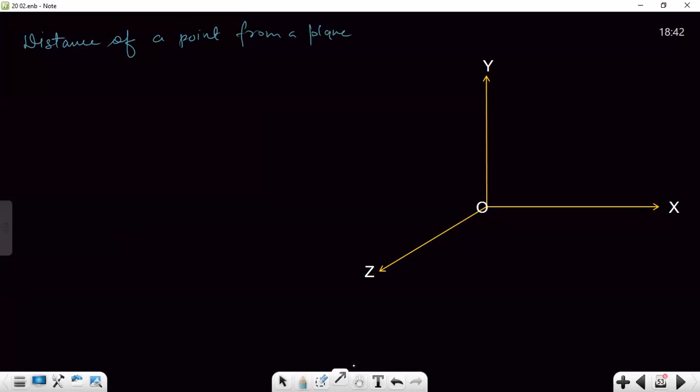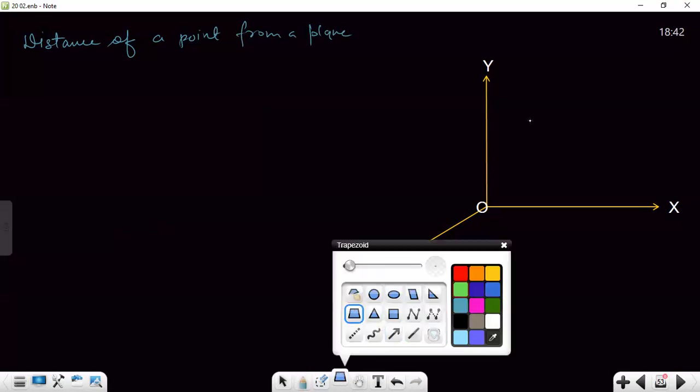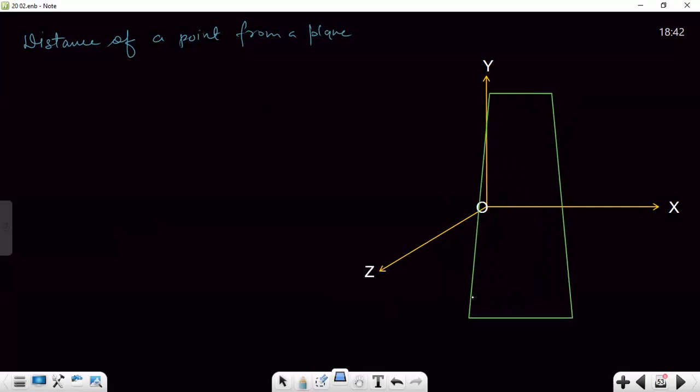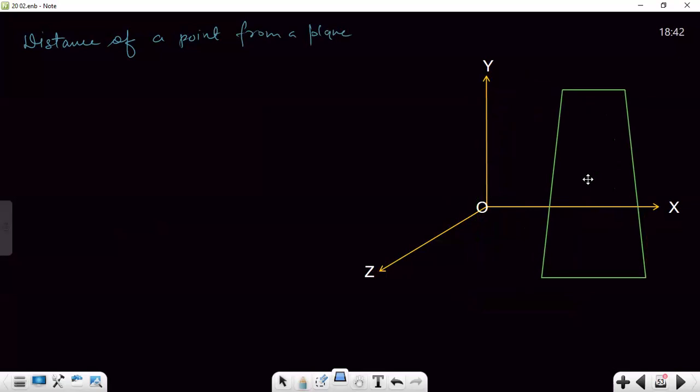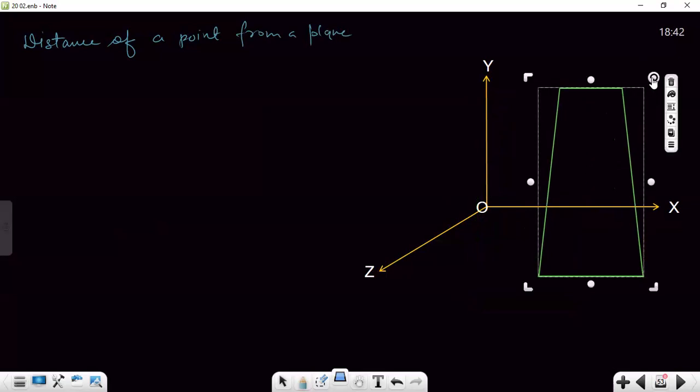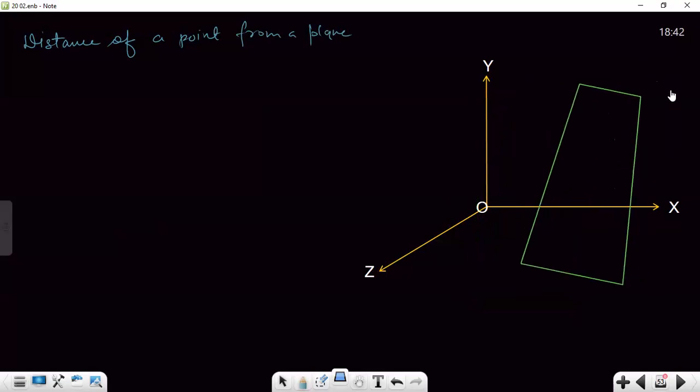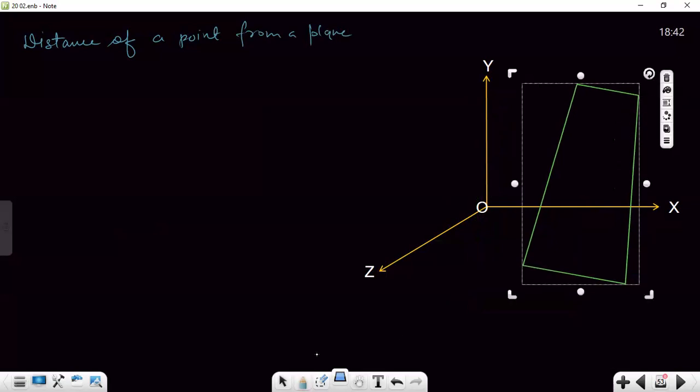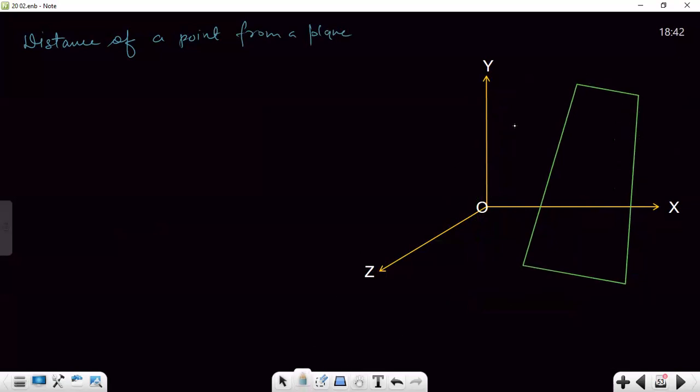First, let's draw the plane. Let's consider this is a plane, and there's a point for which we have to find the distance. Let's take this point as x, y, z.